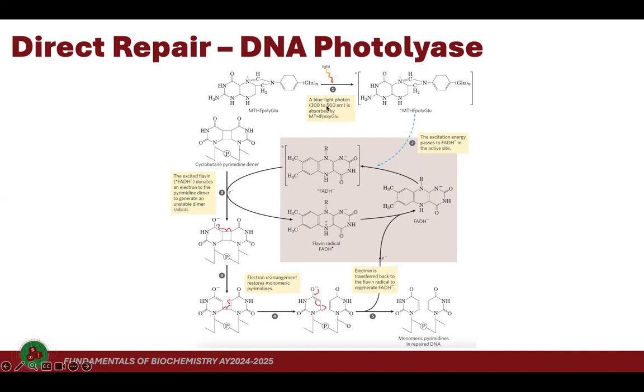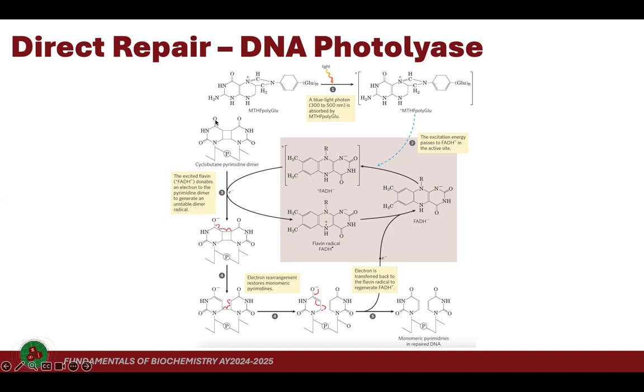Light with a wavelength of 300 to 500 nanometers is absorbed by this chromophore in your photolyase. So this chromophore absorbs the energy and passes the energy to a coenzyme, FADH. Okay, so the FADH now passes on the energy to the pyrimidine dimer, and then the energy is used to create a radical.